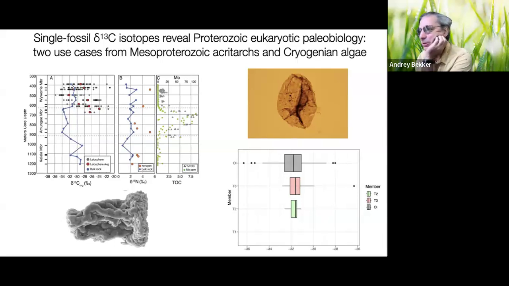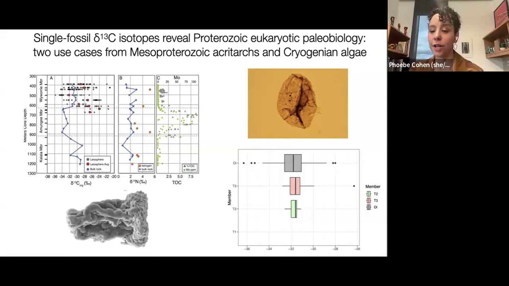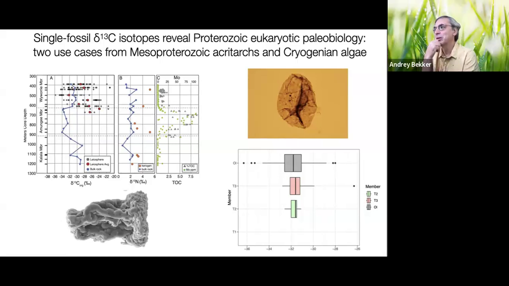I'm just commenting on the same question that everyone asked you about the stratification. So you're analyzing fossils that are all eukaryotes and maybe the same species. Not the same species. I mean, we have no way of knowing. They're the same morphospecies. Yeah.